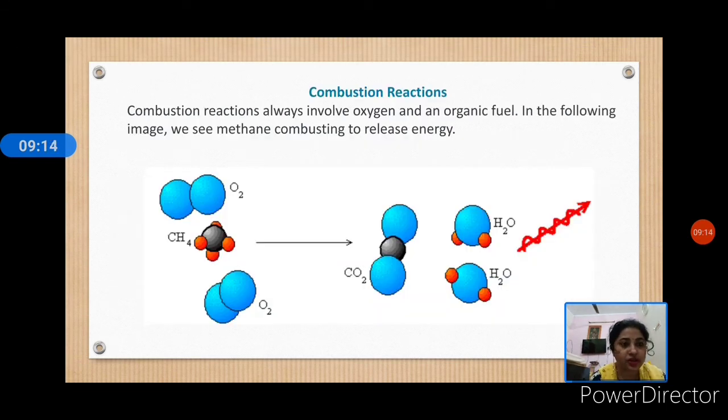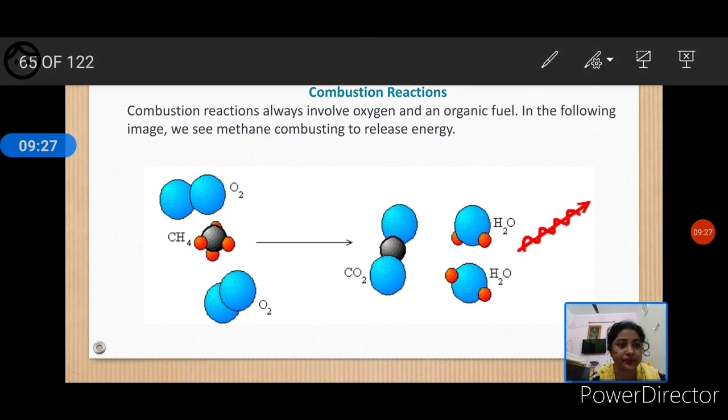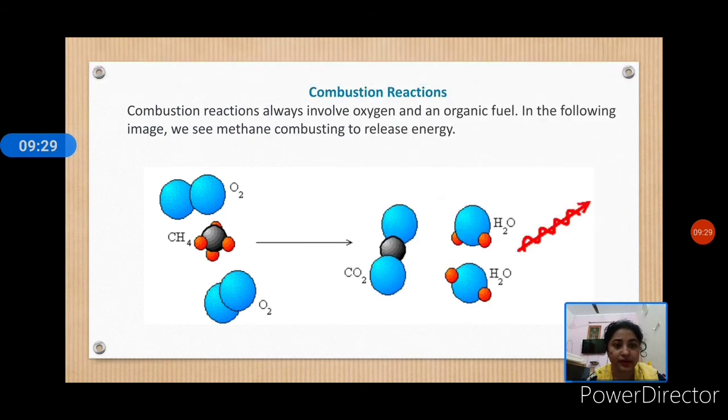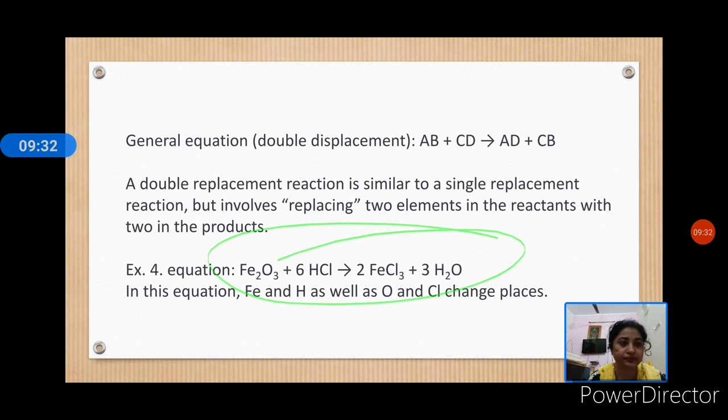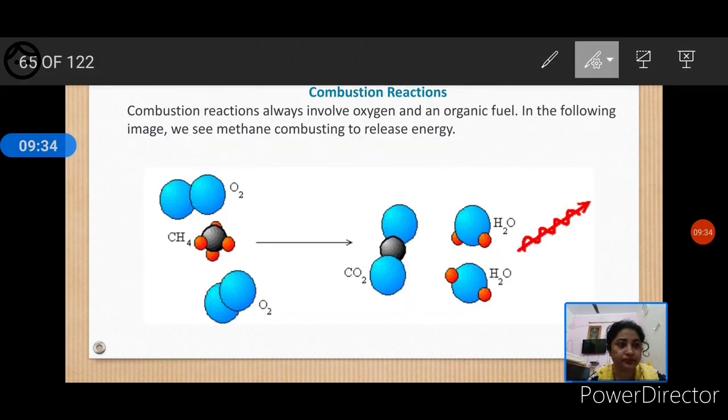One bonus reaction for you all, the combustion reaction. A combustion reaction always involves oxygen and an organic fuel. In this following image, we see methane combusting to release energy. This is your methane, CH4.